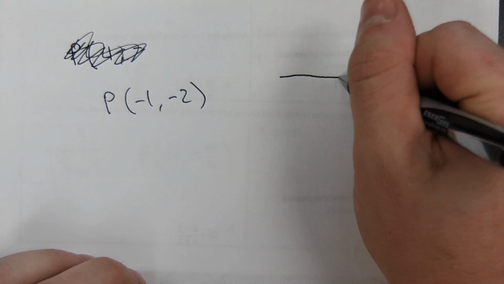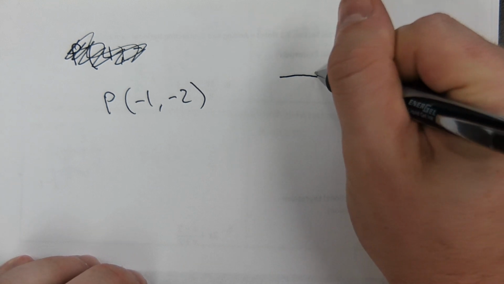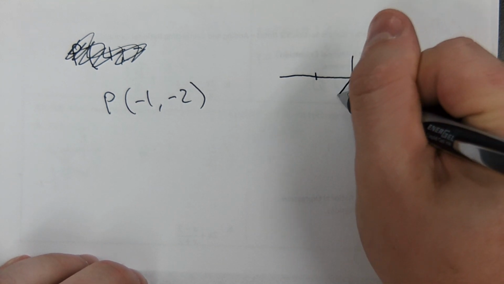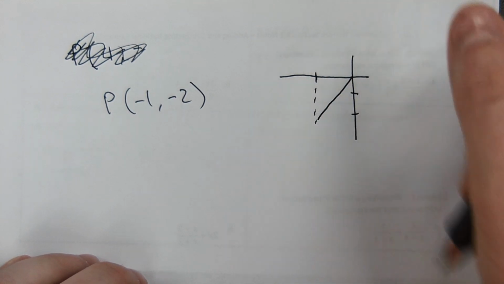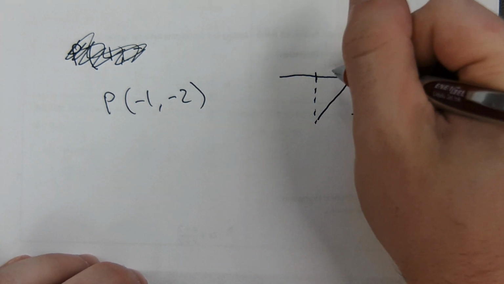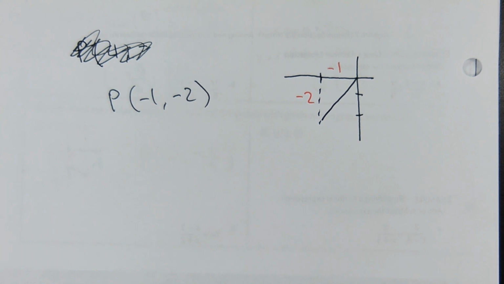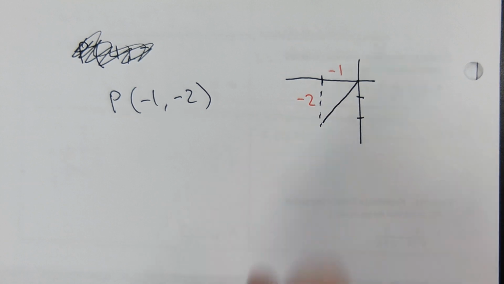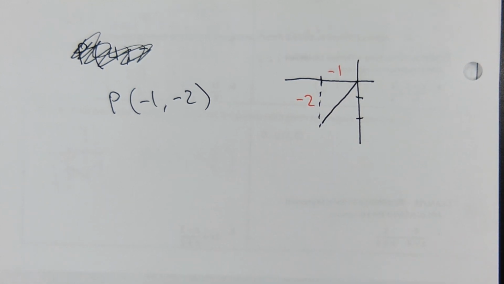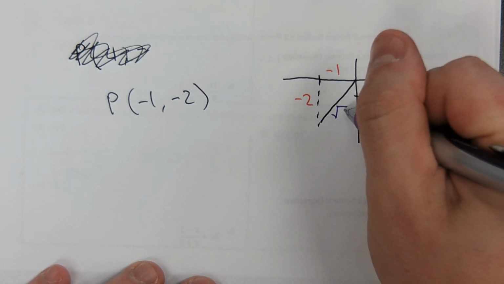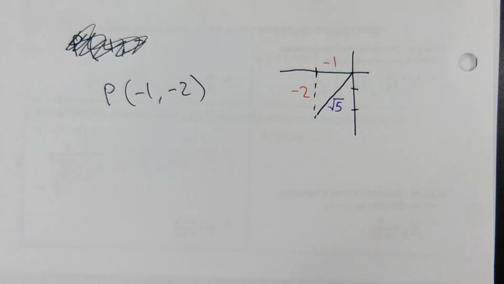Third quadrant, because they're both negative. How are you going to find the radius? Pythagorean theorem. 1 squared plus 2 squared is 5. Square root of that is root 5. So we know that our radius is root 5. That part's the easy part. Tell me, how do I find theta? Because it's not one of the special triangles.